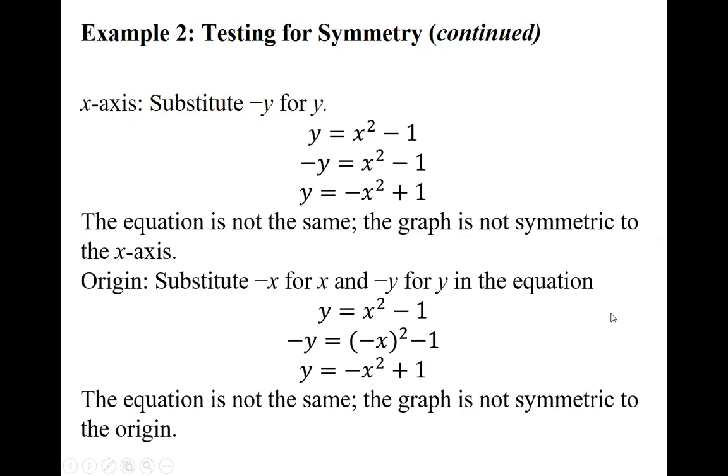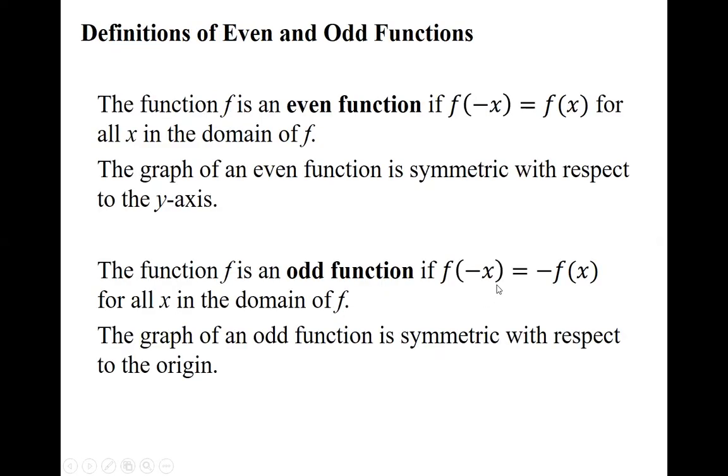We need to know about symmetry to talk about even functions and odd functions. The function f is an even function if f of negative x equals f of x for all x in the domain of f. In other words, the graph of an even function is symmetric with respect to the y-axis.